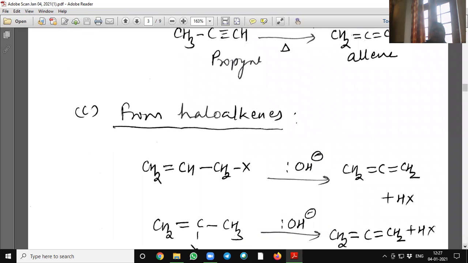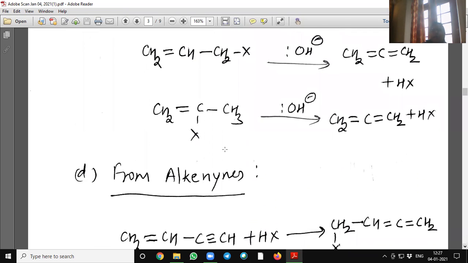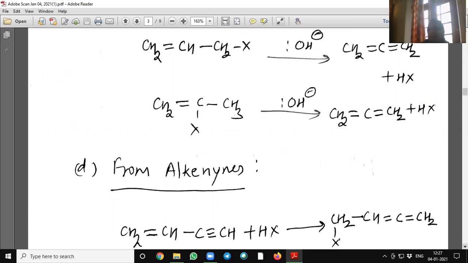From haloalkenes, in presence of OH, it will form allene and HX. 2-halopropene, when dehydrohalogenated in presence of base, will give allene.